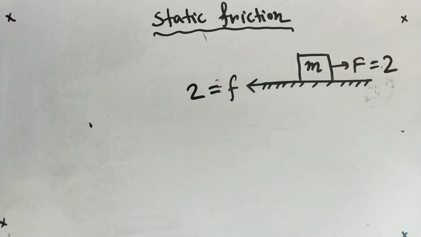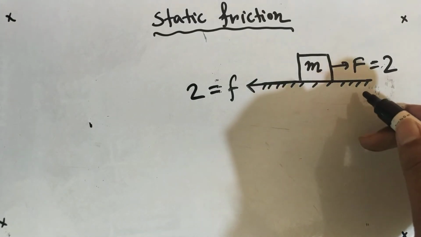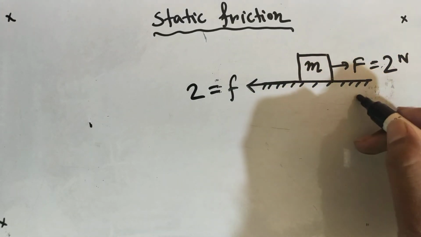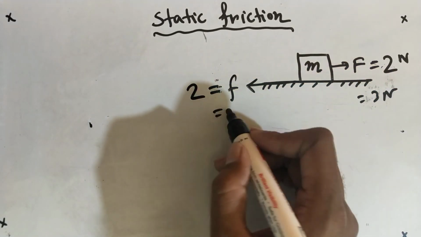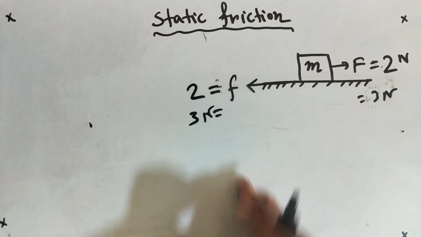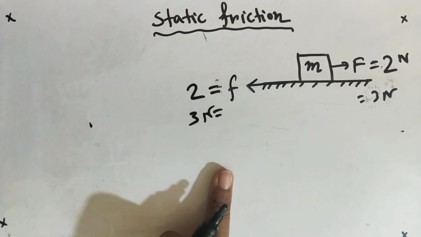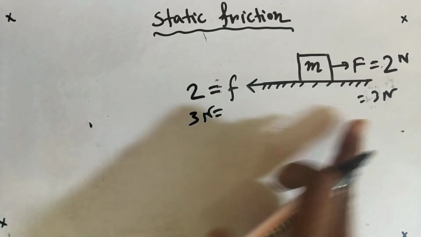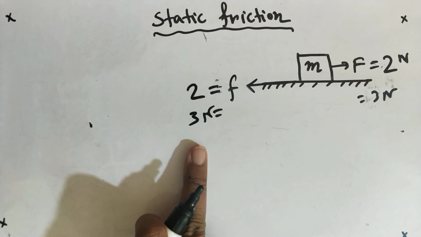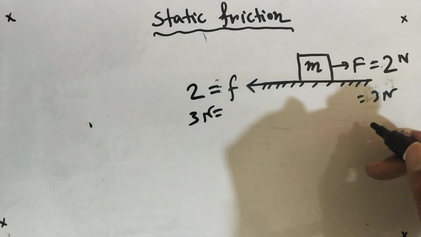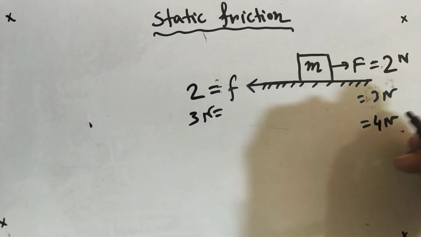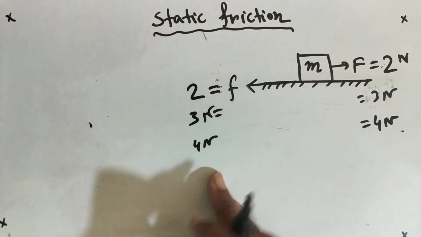You can make this experiment easily. If you now give 3 Newton force, then this force will also be 3 Newton, obviously, if the object is not moving. Now suppose you give 4 Newton.